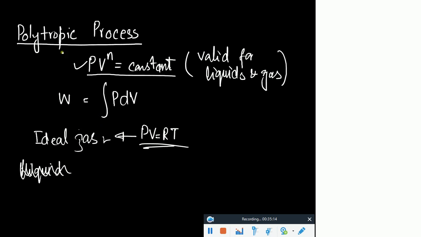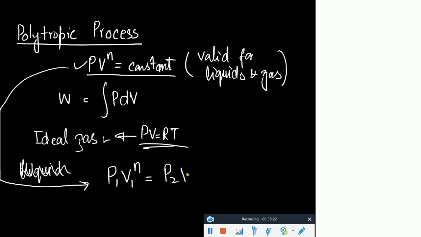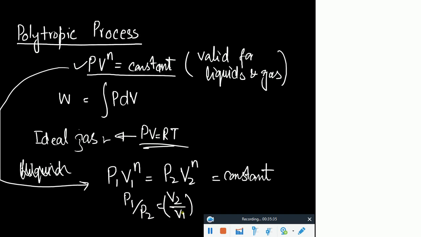If I look at this equation, can I say that P1 V1 raised to power n equals P2 V2 raised to power n, because both of these would be equal to the same constant? It means P1 by P2 would be equal to V2 by V1 whole raised to power n. Can we say that? Okay, fine.